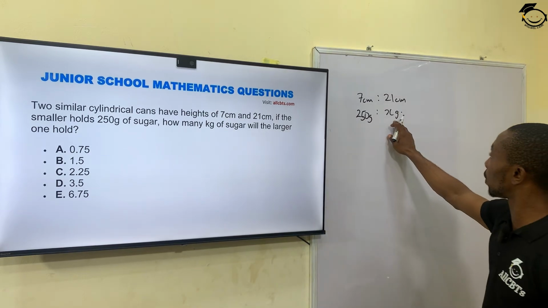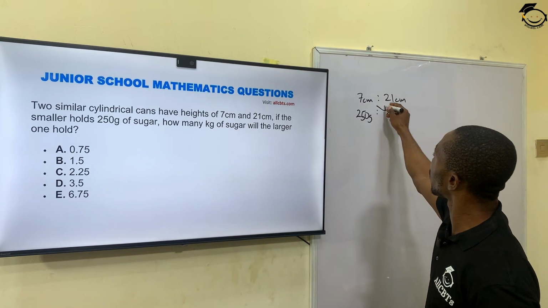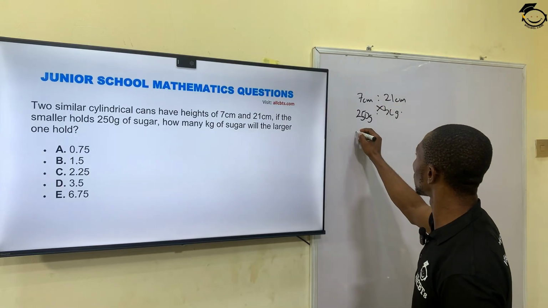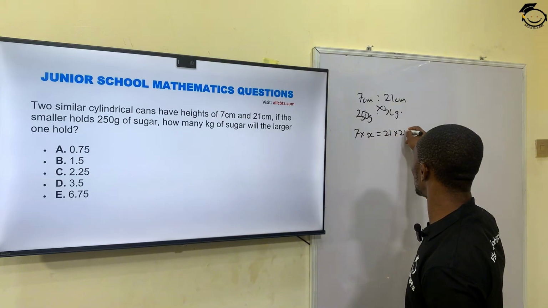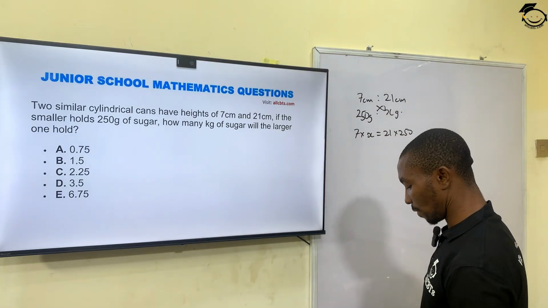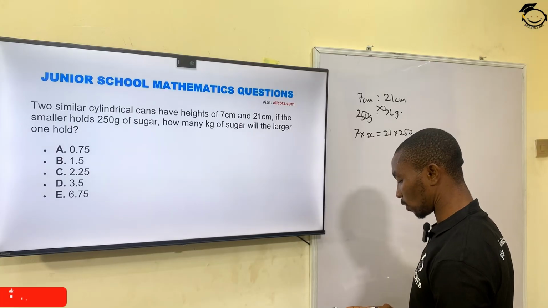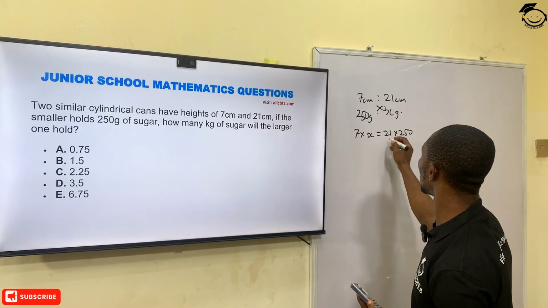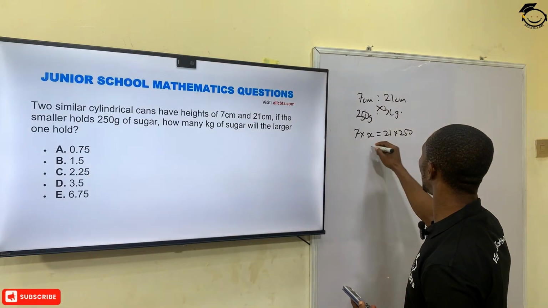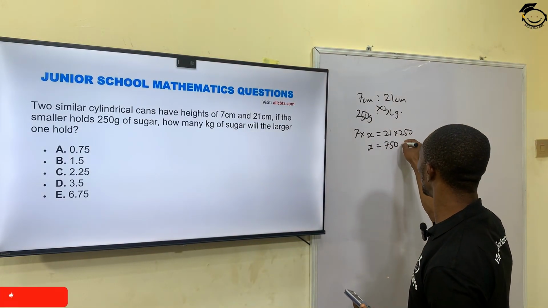Now for us to find the grams of this, we can cross multiply. This becomes 7 times x equals 21 times 250. All right, having it as 21 times 250 divided by 7 would give us x equals 750 grams.